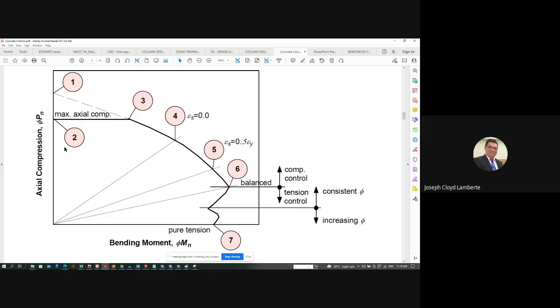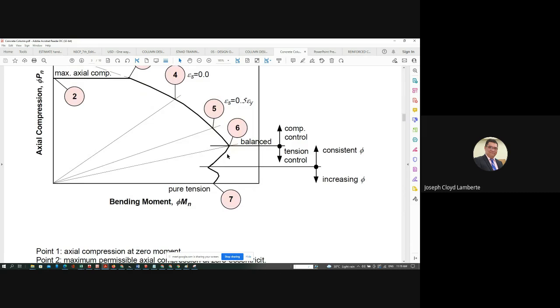So from points 1, 2, 3, 4, 5, 6, compression still controls, class, and its effect is bigger than the moment. Once you are in tension controls, beyond the balance condition, the moment is bigger, almost like a beam. The consideration of moment is bigger compared to compression. So the axial load goes down here, beyond your balance condition.